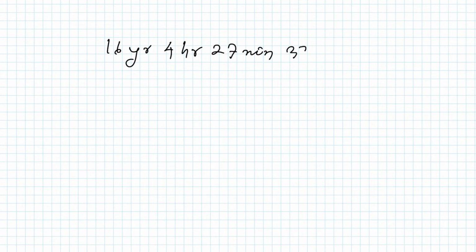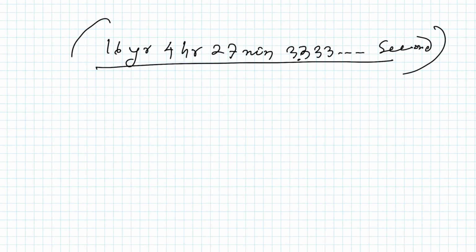Suppose we need to select a random person off the street or any place, of age, suppose, 16 years old, not only 16 years, but 4 hours 27 minutes and 3.333 and so on seconds.